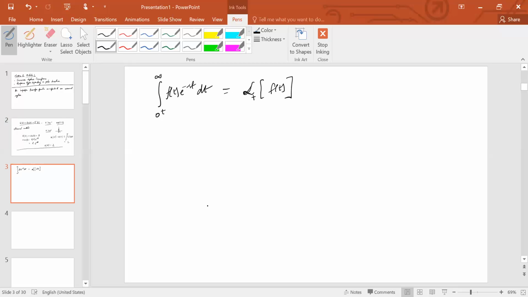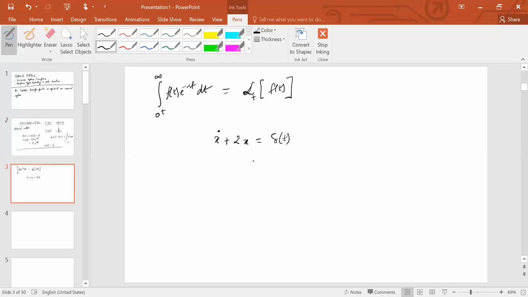Okay, let's see. So what we had was the original differential equation. I'll rewrite that again. x dot, I'm dropping the t, plus 2x, so we have x dot plus 2x is equal to delta t.